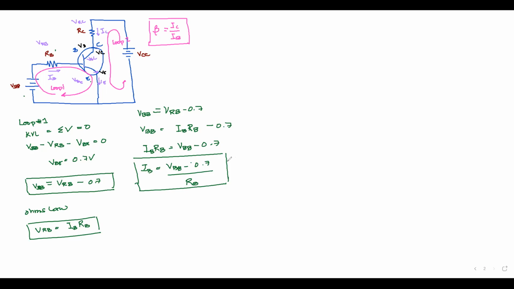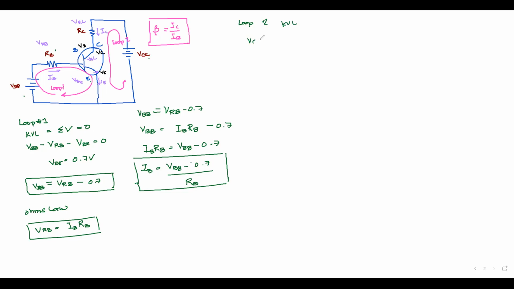Now, let's go to loop number 2. It is easy to follow. In loop 2, this is my source voltage. Same thing, in loop 2 I am still going to use the KVL.